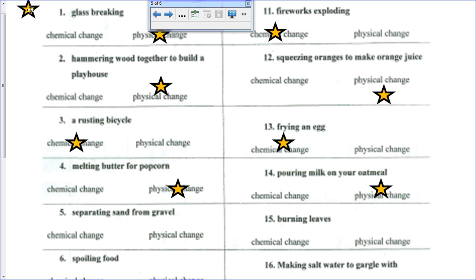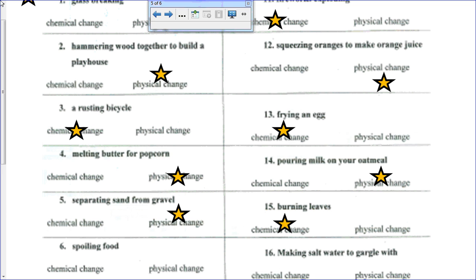Separating sand from gravel is a physical change. Burning leaves is a chemical change. Spoiling food is a chemical change.